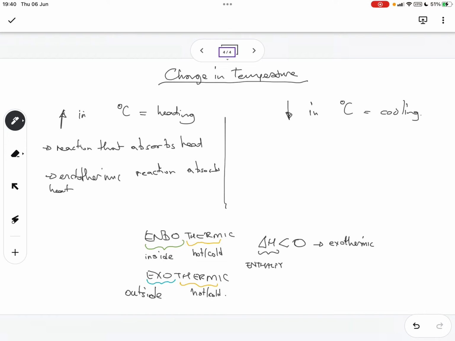Enthalpy is a thermodynamic quantity equivalent to the total heat content of a system. It is equal to the internal energy of the system plus the product of pressure and volume.